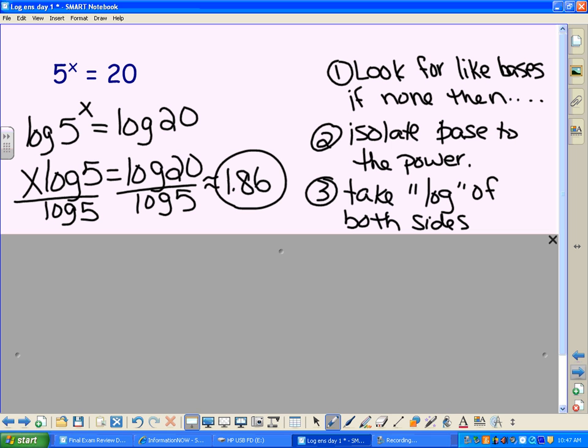And there's your answer. Here's how you check it. Take 5, raise it to the 1.86 power. You should get pretty close to 20. It won't be exact because we rounded 1.86, but are you getting pretty close? Yes. Okay. Any questions on how I just did that?